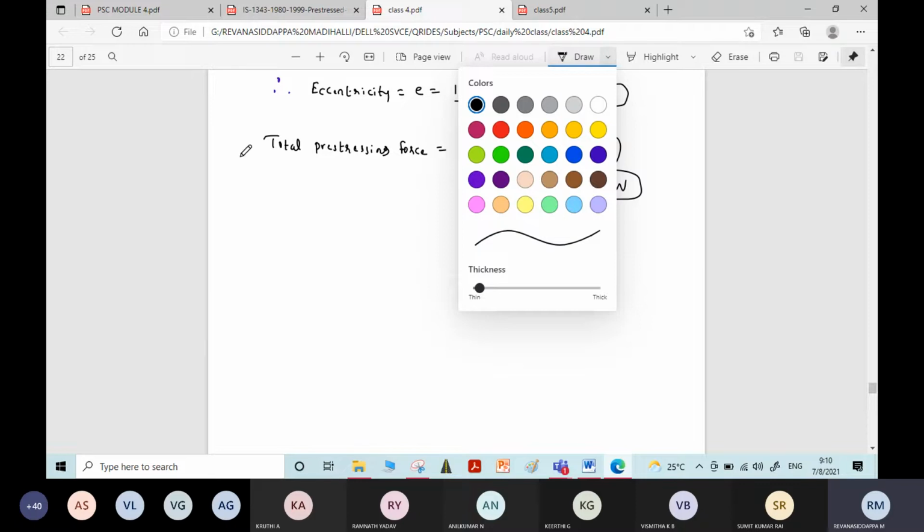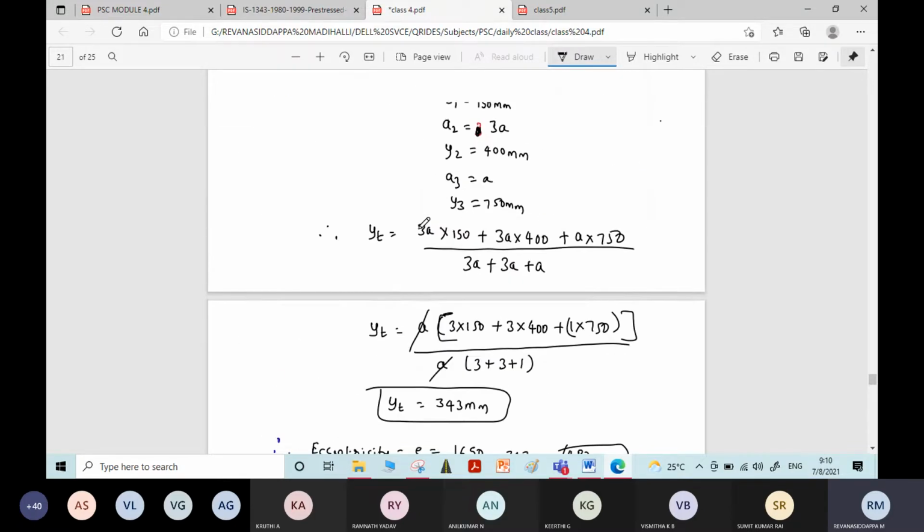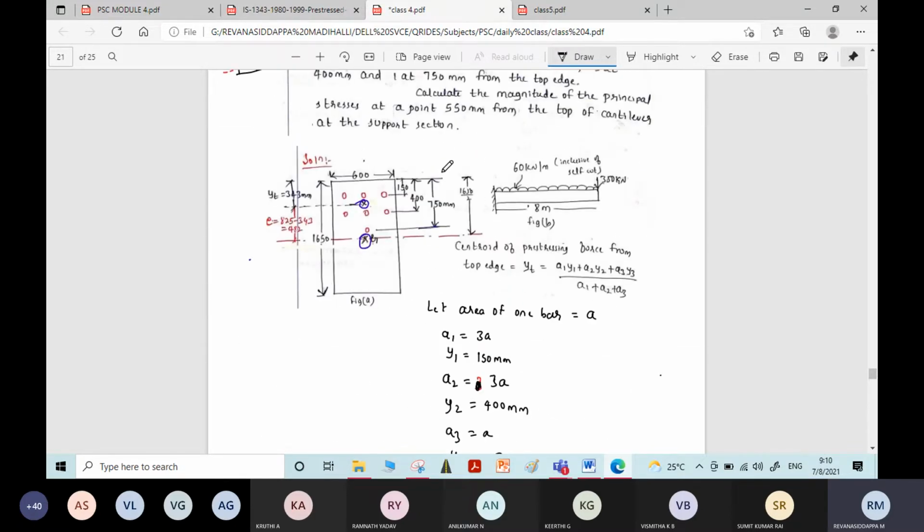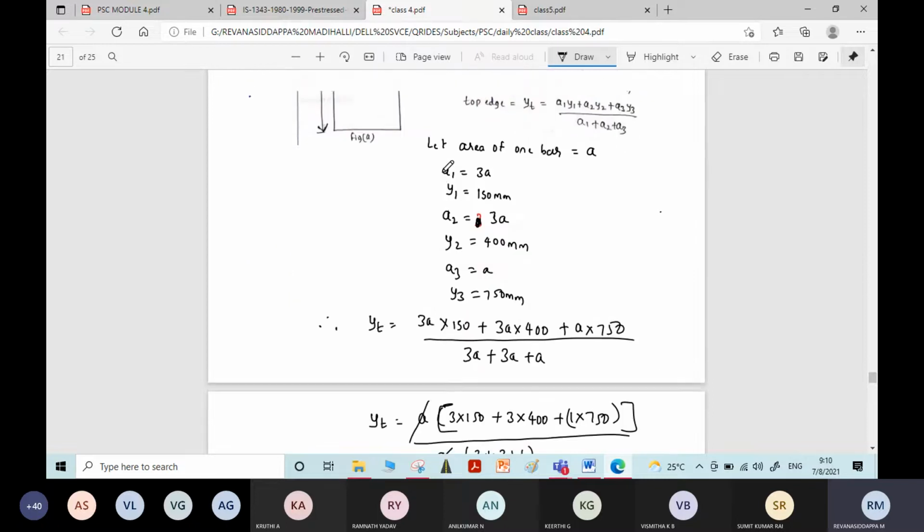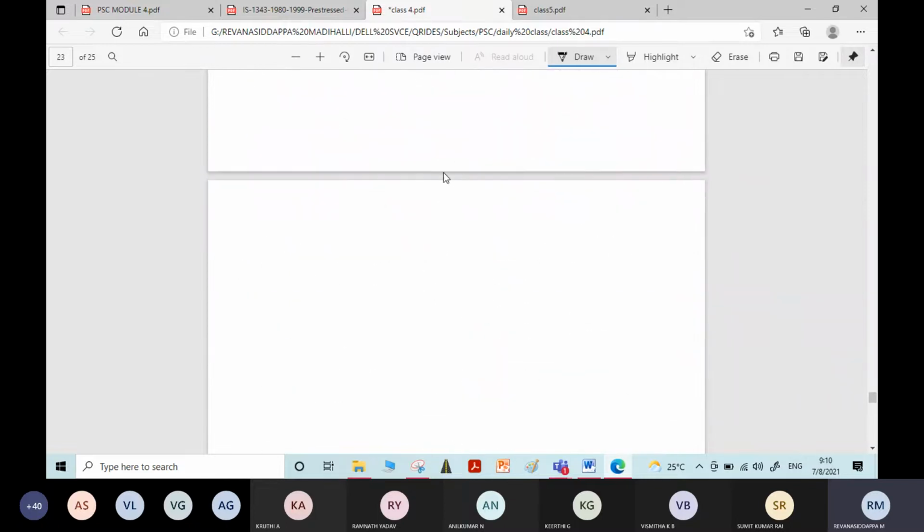Now all the required parameters we have calculated. It is asked to find principal stresses at a distance 550 mm from the top of the cantilever beam. Correct? Now below write the formula. Principal stresses formula we already know.